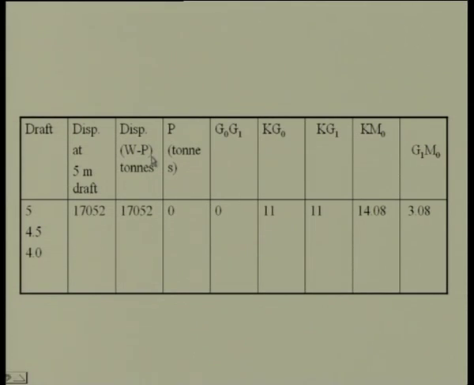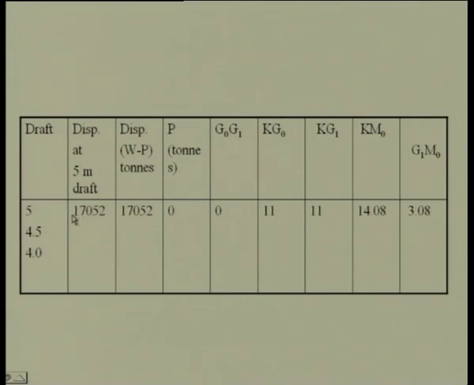Then, okay, so in this case what do we have? We have displacement given. As you can see, in this column displacement at 5 meter draft is 17,052, this will remain the same all throughout, because it is at 5 meter draft.